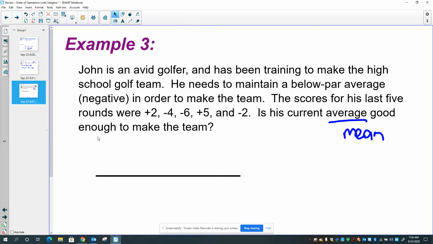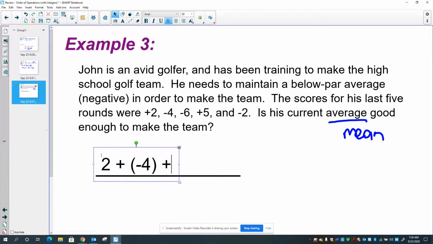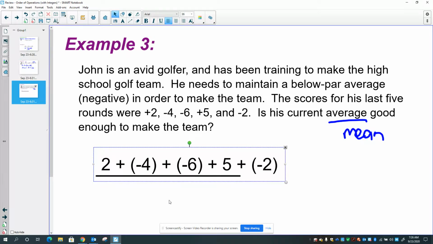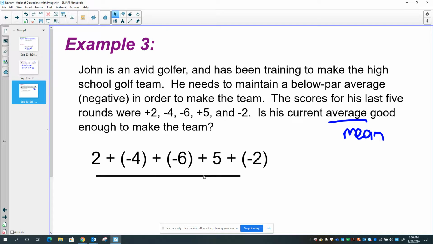So it's really just 2 plus -4 plus -6 plus 5 plus 2. All right, so that's the entire numerator. That's the sum of his scores here. Make this fraction a little bit larger.